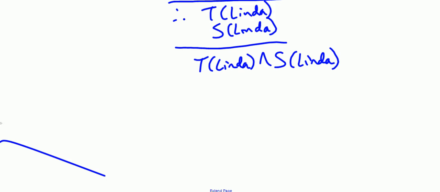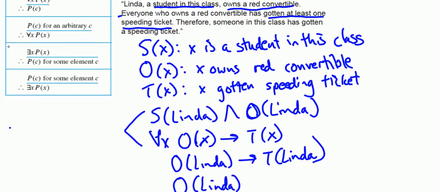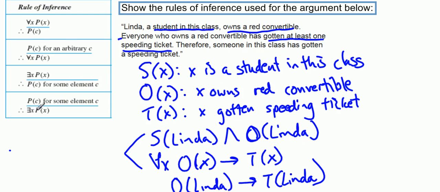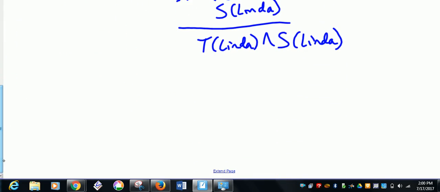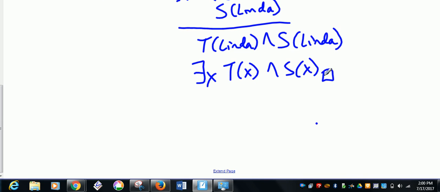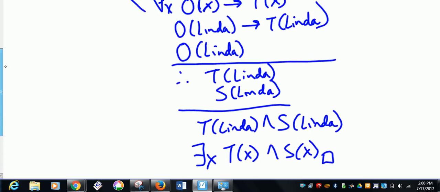Now, going back to our rules up here, if p of c is true for some element c, then there must exist a p of x for which it's true. So if we already know that this is true for Linda, then we can generalize that to say there exists x, t of x and s of x, which is what our conclusion says. Let's go back up and look at that.